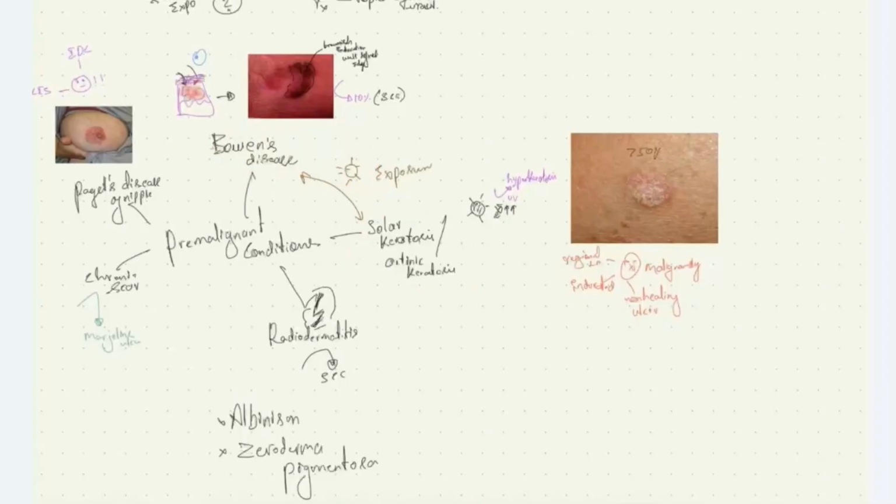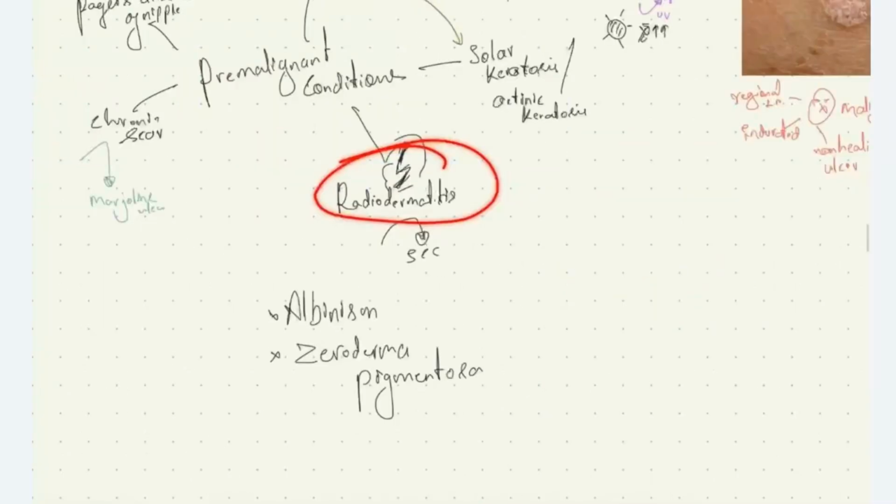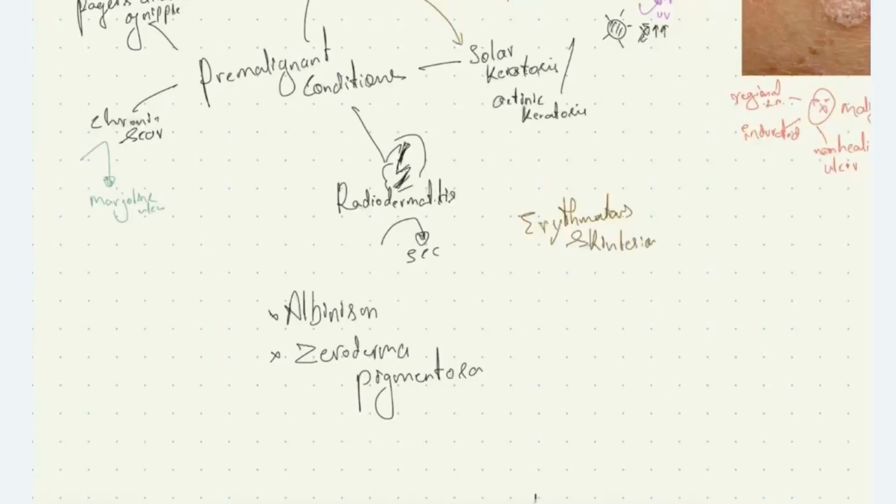Let's proceed to the third disease, that is radiodermatitis. The term is self-explanatory. Persons who work in the radiology department and are exposed to radiation previously developed erythematous skin lesions, which eventually led to squamous cell carcinoma in some patients.